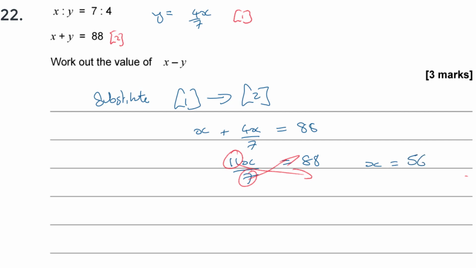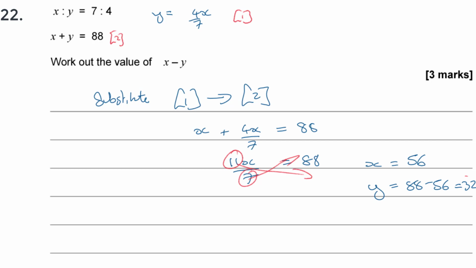So x is 56. I know that x plus y is 88, so y must be 88 take away 56, which is 32.